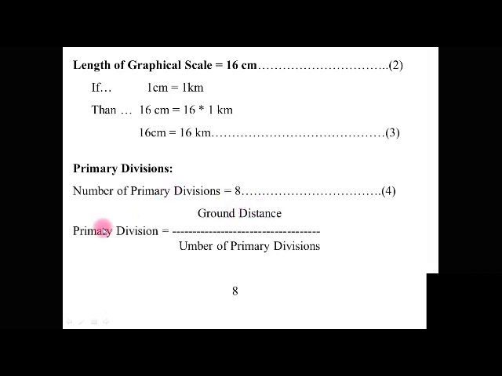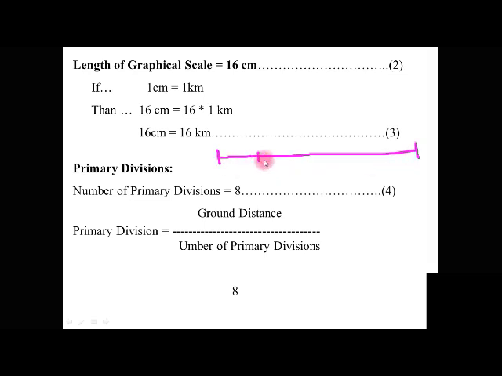So if the number of primary divisions is 8, it means the 8 primary divisions are equal to 16 kilometer, because 8 divisions of the 16 centimeter distance.